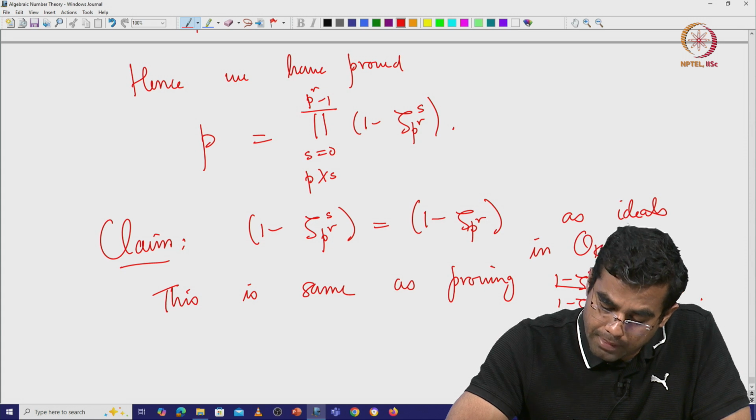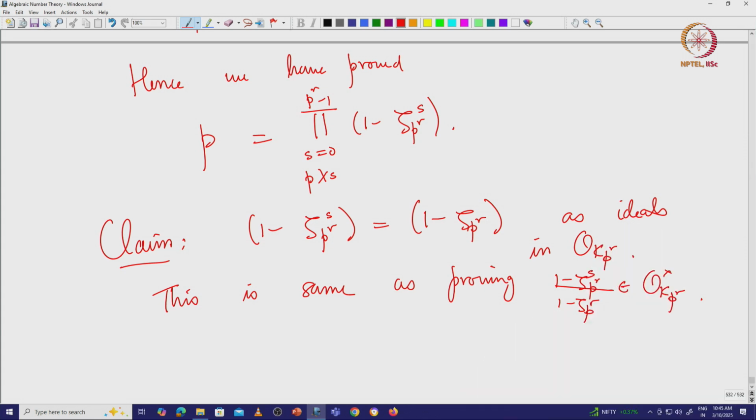How do I show this? Well, I show that this as well as its inverse are both inside O_{K_{p^r}}.